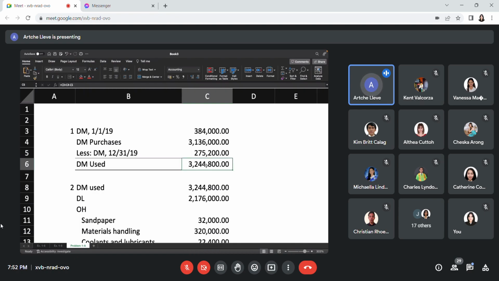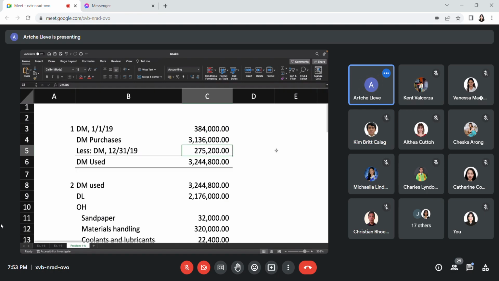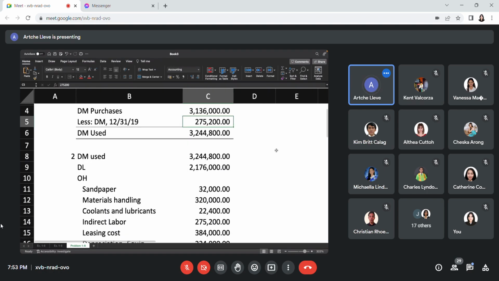So direct materials used should be 3,244,800. That's 384,000 plus 3,136,000 minus 275,200.